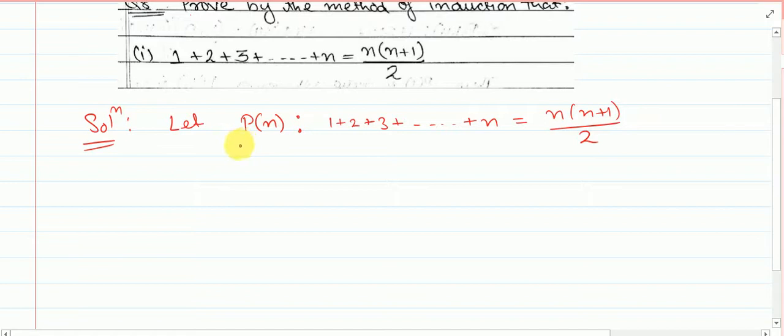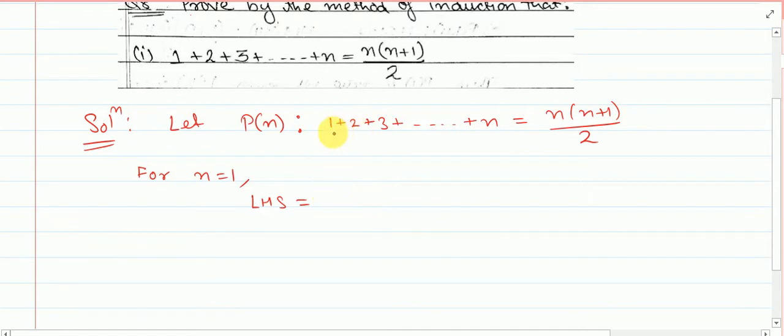So first thing you should do this. Now we should show that this statement is true for n equal to 1. So we write, for n equal to 1, left hand side is equal to... we have to find left hand side and right hand side separately.